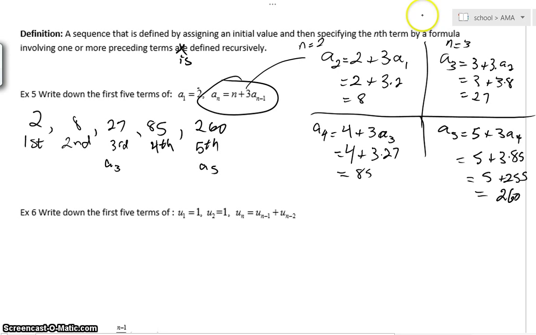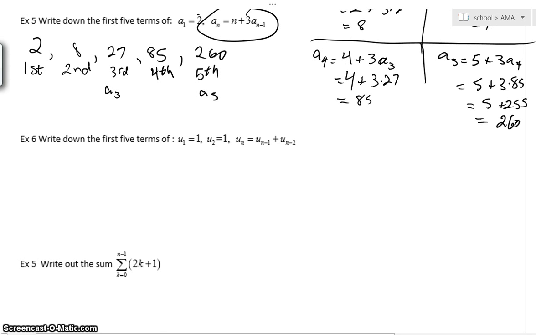All right, let's look at one of the most famous situations you're ever going to see, the Fibonacci sequence. The Fibonacci sequence is going to start with 1. That's your a sub 1 or your u sub 1. That's your first term. Then you'd have a 1. But now look at this.